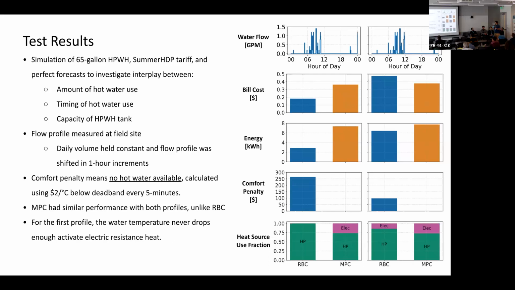And in this case, comfort penalty is just a monetary value that we assign to when there's no hot water in the tank. But if you shift the profile by an hour, the MPC performed almost identically, with the rule-based controller used more energy, and cost more because it used it at the higher expensive times.